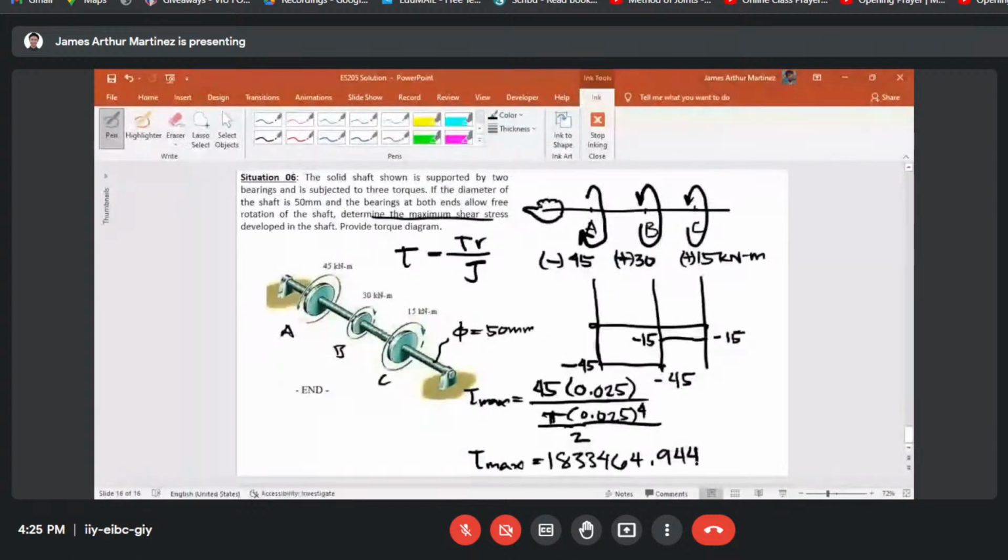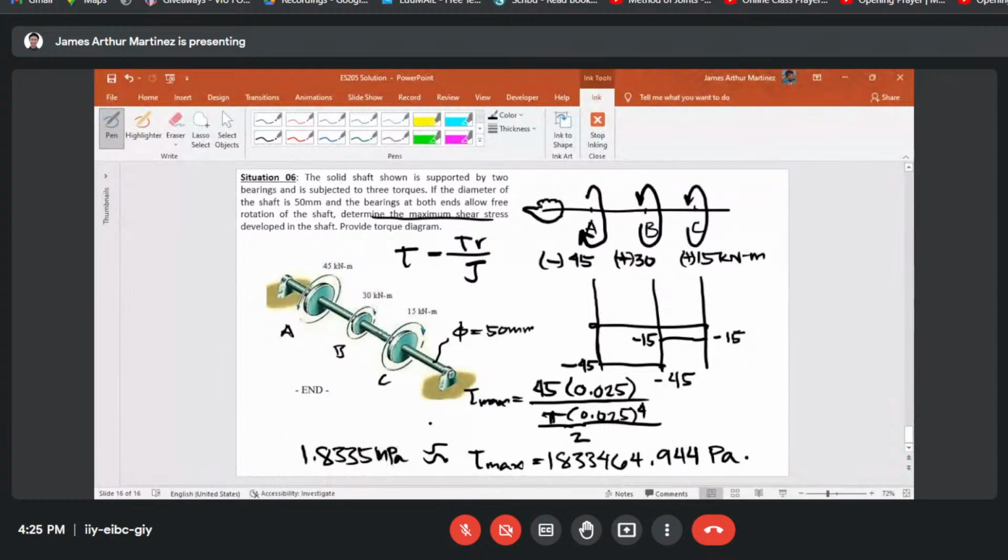Okay, Pascal. Or if ato na siyang i-express no in terms of megapascal, so may hula na siyang pilaman 1, 2, 3, 4, 5, 6. 1.8335 MPa.